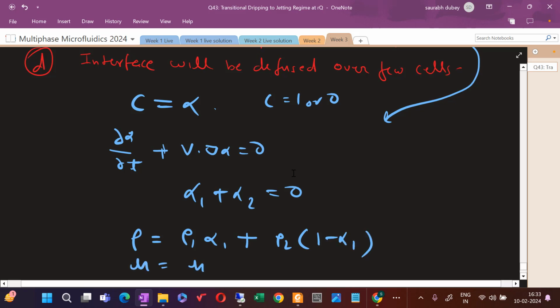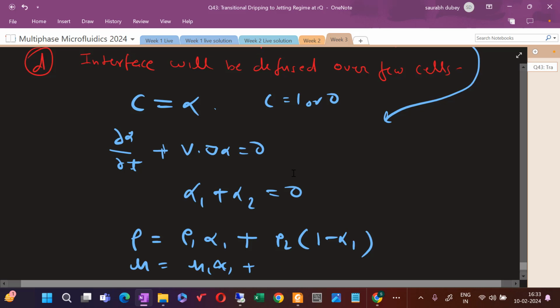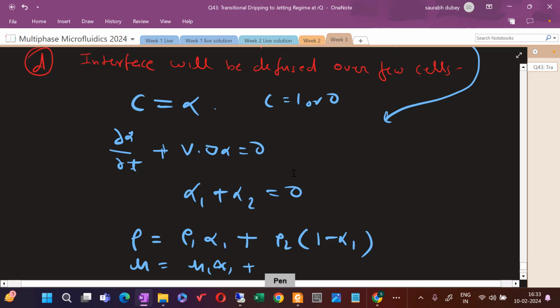Similarly for viscosity, mu 1 alpha plus mu 2 into 1 minus alpha. Okay, these are approximate.